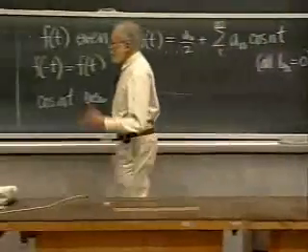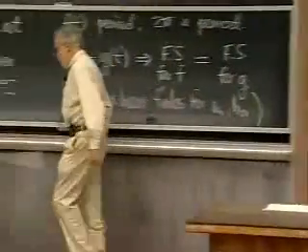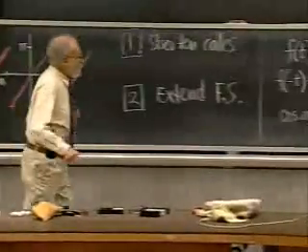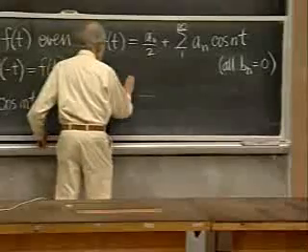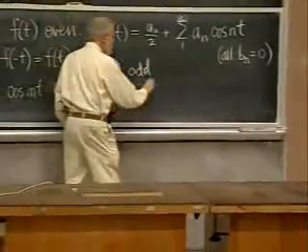Now, there's a further simplification. Oh, by the way, of course, the same thing is true for the odd. I ought to put that down. So also, if f of t is odd, then I think one of these proofs is enough. The other you can supply yourself.